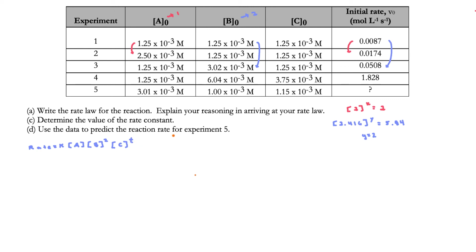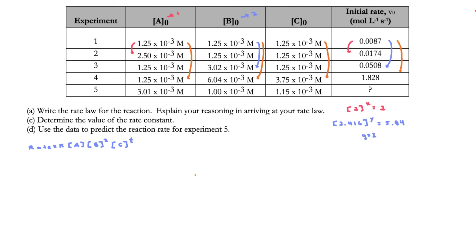But to make my life easier, I'm going to compare experiment 1 and experiment 4, because notice from 1 to 4, the concentration of A does not change, so I can simply ignore it here. From 1 to 4, my concentration of B does change, and my concentration of C does change as well.